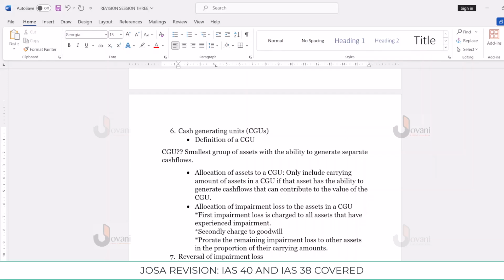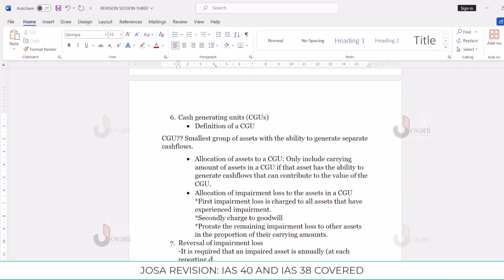Maybe I should write for you that it is required that an impaired asset is annually or at each reporting date reviewed for impairment.